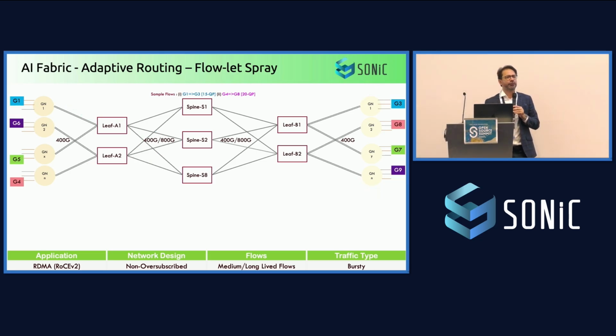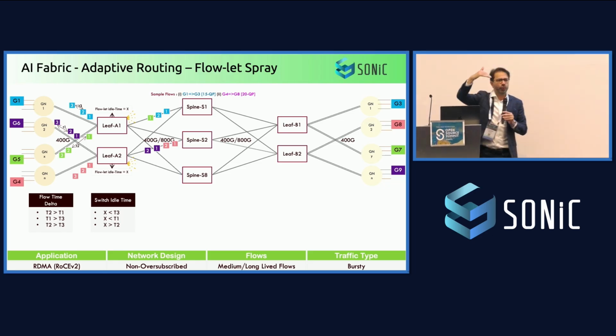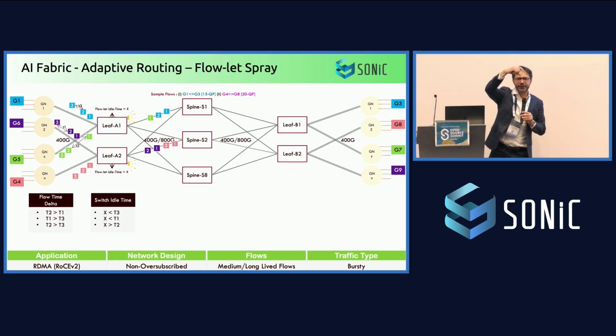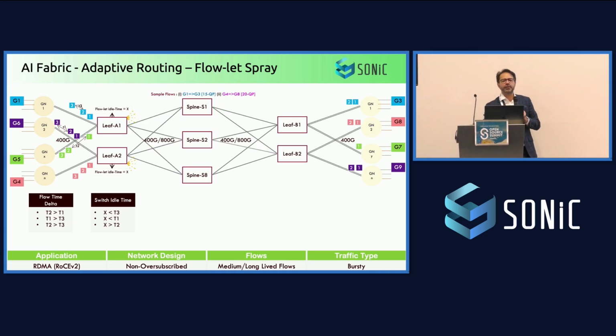You will have to use the flowlet spray technique, where, when we look at a flow, we try to identify if there are gaps between the packets. If there is enough gap between the packets, we call them different flowlets and we spray them across different links. In this case, you do not need to reorder the packets.